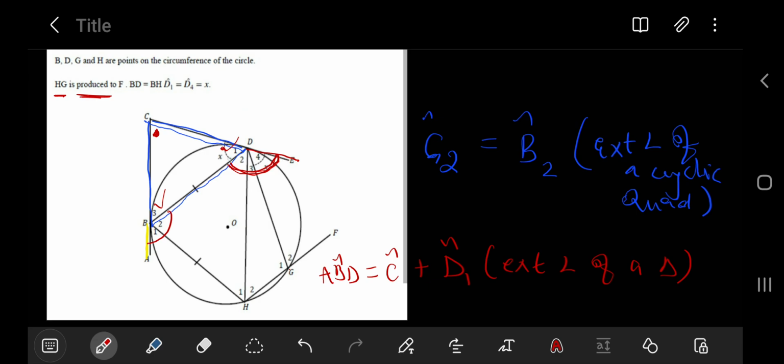So it means angle, this is D2 plus D3 plus D4. That is equal to angle C plus B3. Reason being, exterior angle of a triangle, right? So that is the first triangle whereby we identified a line which is produced. So let us look at another triangle. So let us look at triangle BHD.